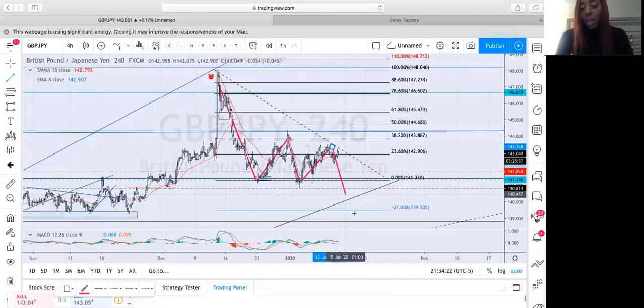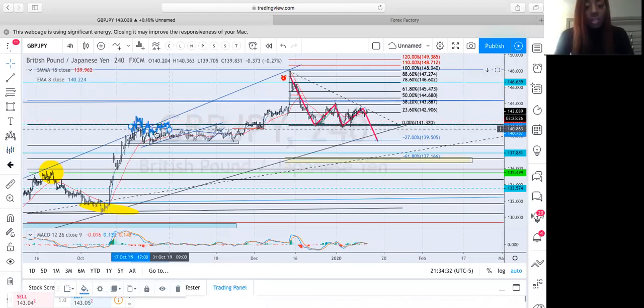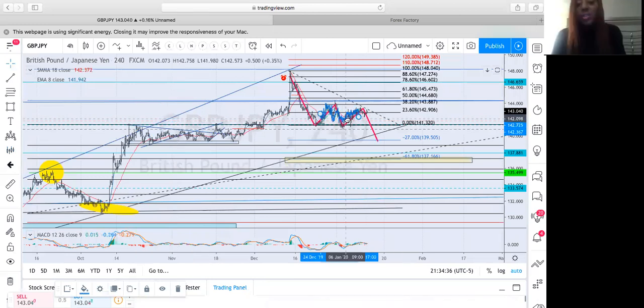And the way price is forming right now, because it's in this consolidation area, it literally looks exactly like this. You see?